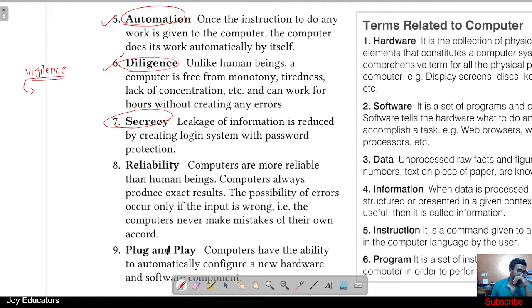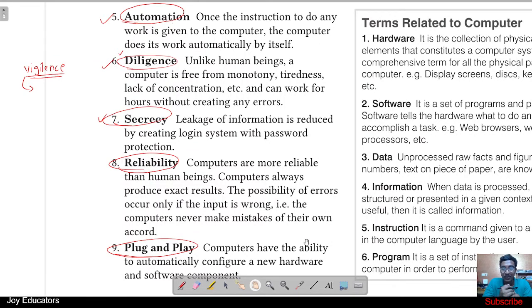If you keep a few books in your home, people will see them directly, but the computer cannot be accessed like that. So we can also have good secrecy. And reliability and plug and play. Reliability is something where there is a possibility of errors. Plug and play also helps to develop hardware and good software components.